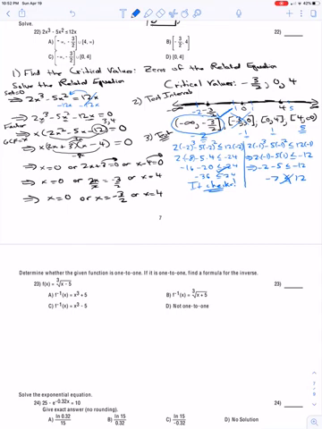Now we got 2 more intervals to test. Let's test this interval. How about 0 to 4? I need to test it. Again, we're picking 1. So that'd be 2 times 1 cubed, minus 5 times 1 squared, less than or equal to 12 times 1.